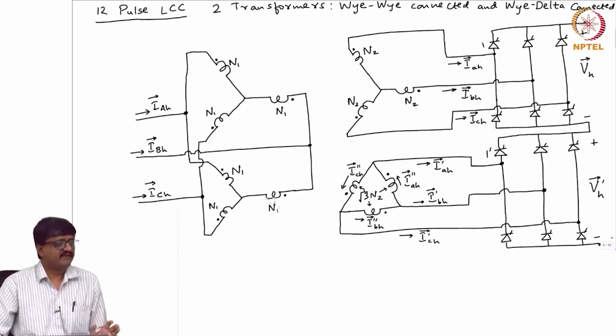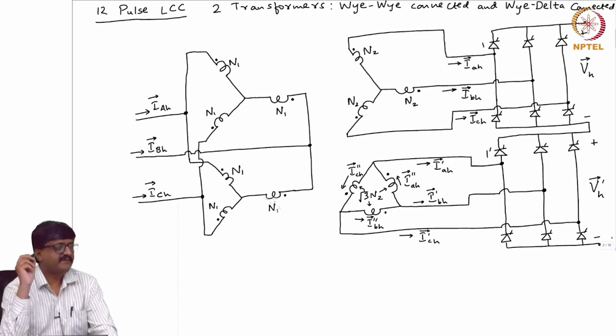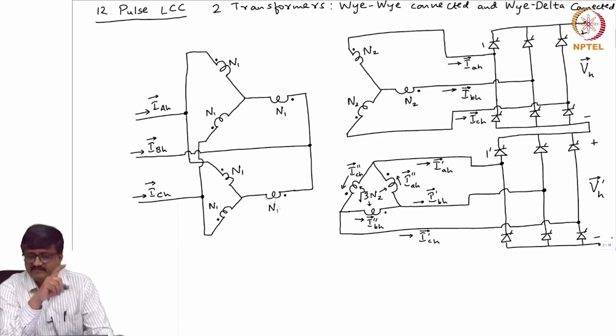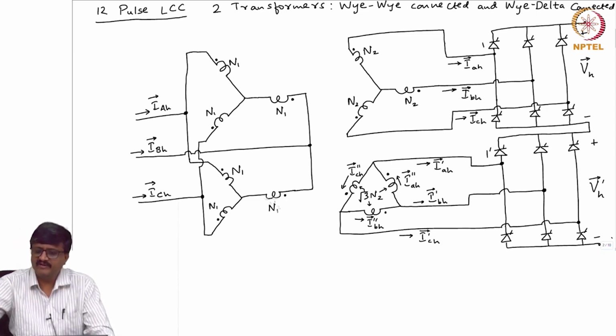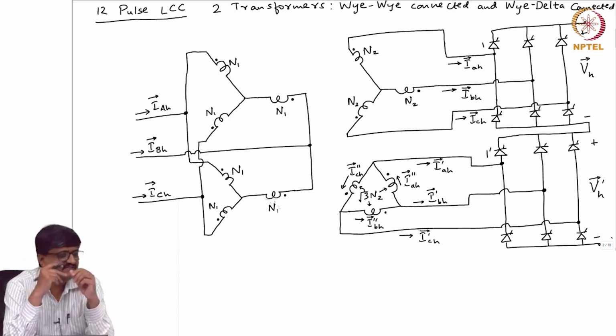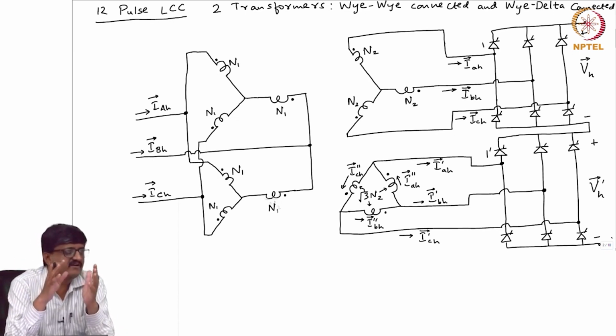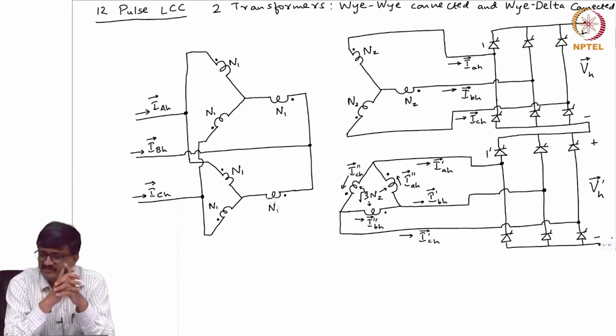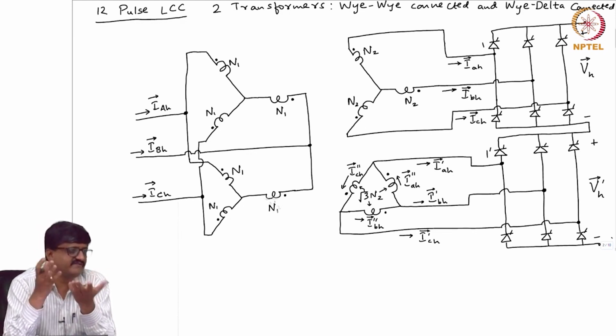now again I will ask the same question. If gate pulses are given to valve 1 at some instant, gate pulses to valve 1 prime. My intention is to operate the two 6 pulse LCCs identically. Then at what instant should I give the gate pulse to valve 1 prime with respect to the instant of giving the gate pulse to valve 1?